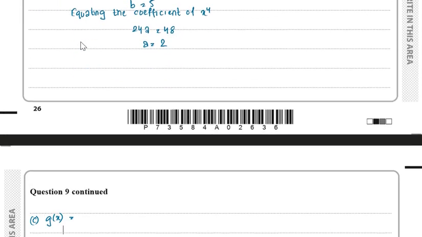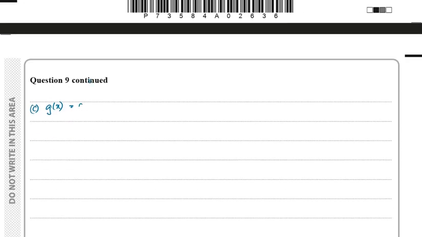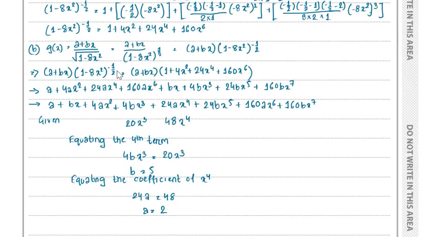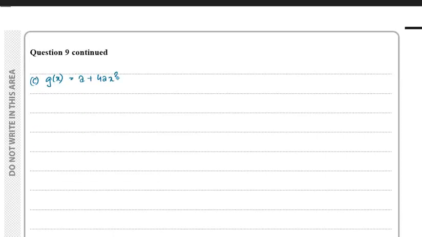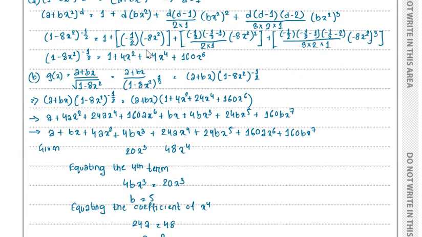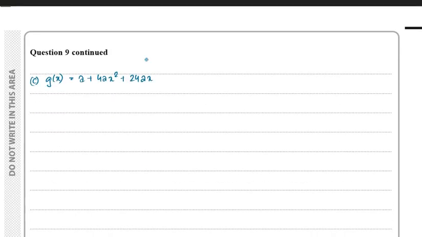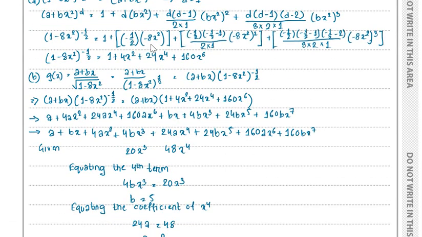So the first 5 terms are a plus 4ax to the power 2 plus 24ax to the power 3. So x to the power 4. Am I writing it right?